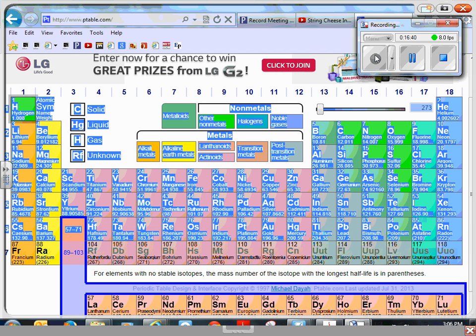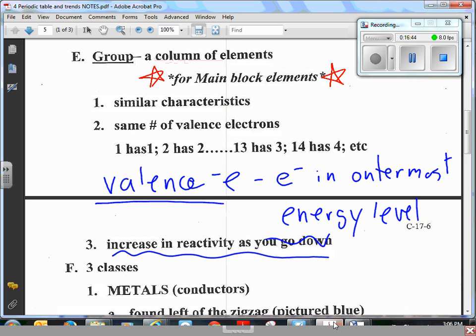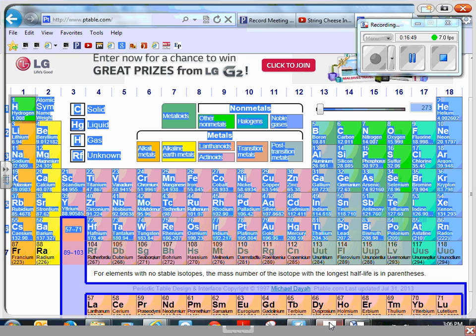Let's kind of cancel off that last note about this piece here, and then I'll explain to you what happens. Over here, as you go down in this group, you do increase in activity, but over here, as you go up, you do increase in activity. So just like we said earlier, I'm going to have to modify those notes.